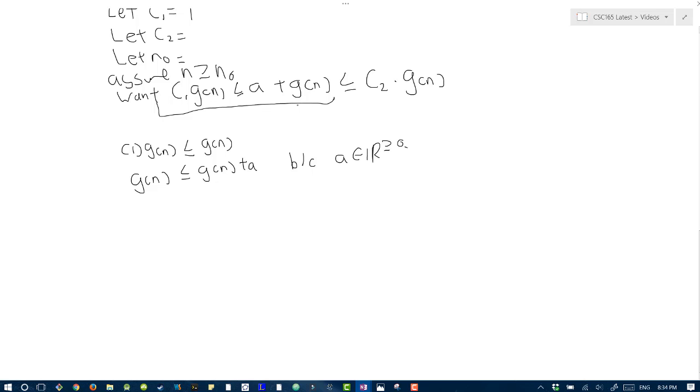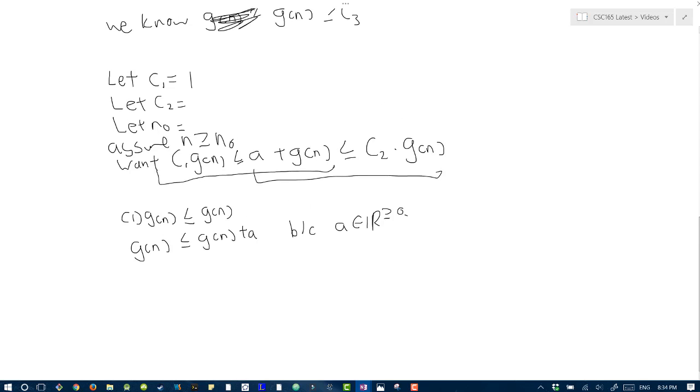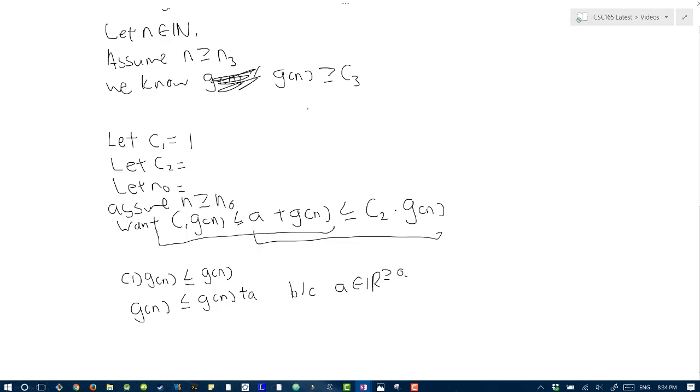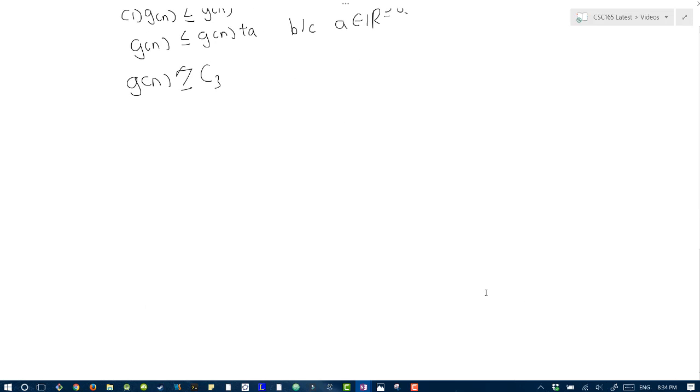Okay, now we want to prove this part. So we take this here, and we move it back down here, and we say g(n) is larger than or equal to C3. Okay.